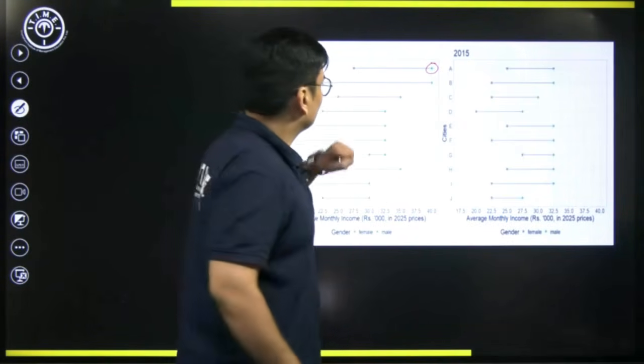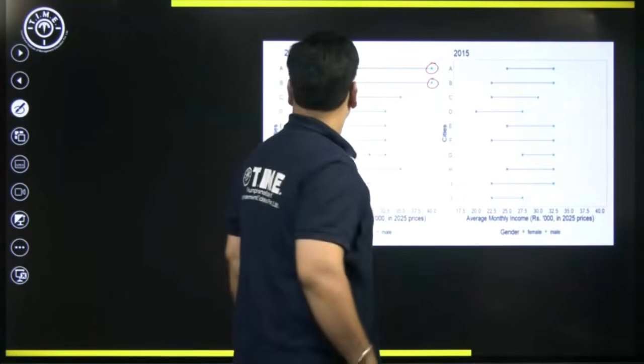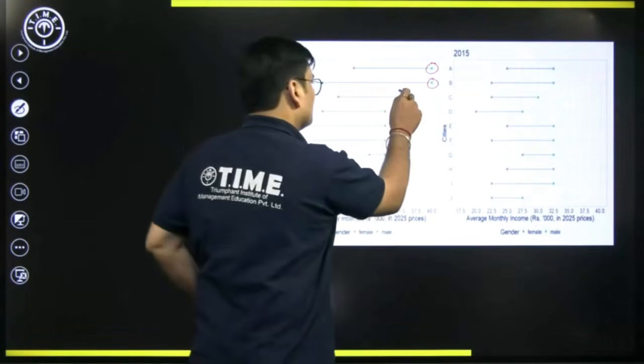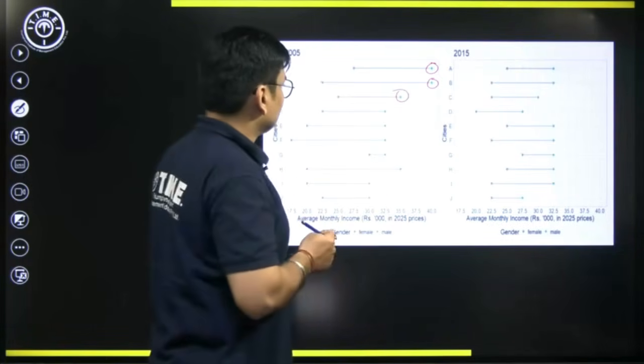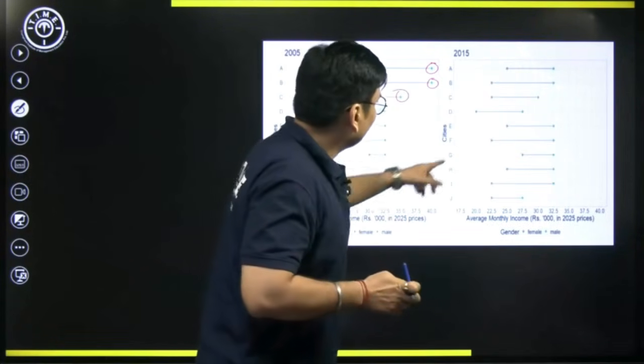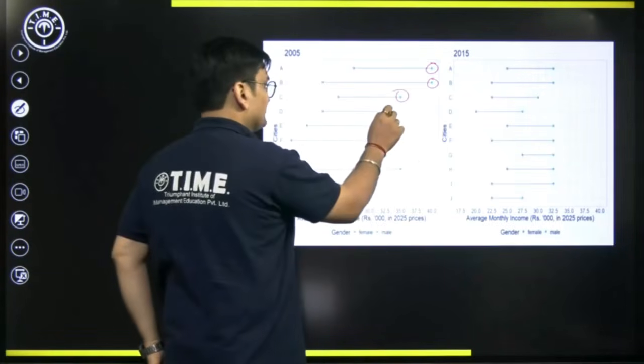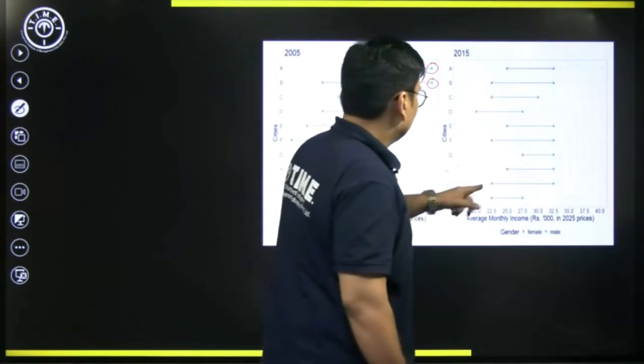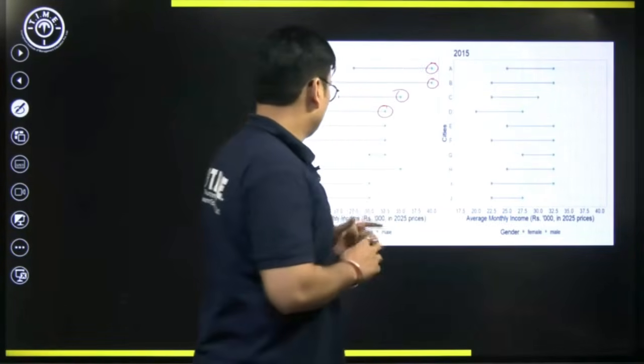Clearly in B also it's more. C is 35 here and here it's 30. Here also it's more. We got 3 instances so far. D, it's 32.5 and it's 27.5. Here also it's more. E is 32.5 and here also it's 32.5. So it's equal. We cannot take it.